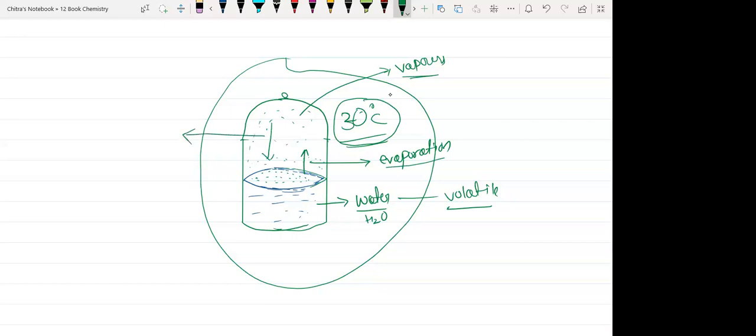So I'm writing condensation also. Here evaporation as well as condensation, both processes take place simultaneously.